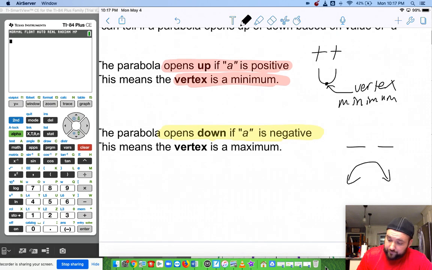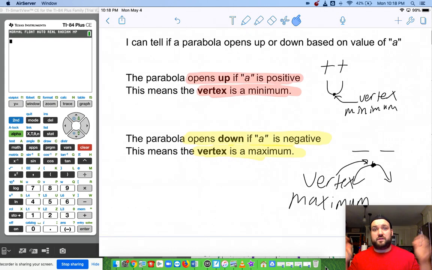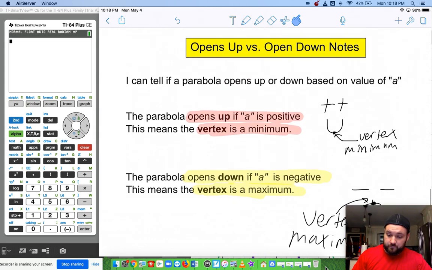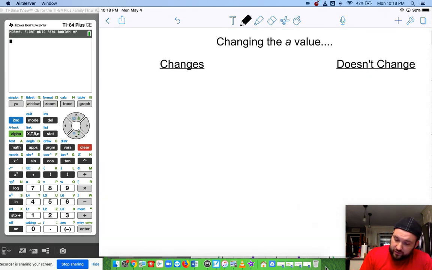And then the vertex is actually at the top of the graph. So the vertex is a maximum. So when it comes to the a value, it actually tells us a lot about the parabola. It tells us wide or narrow, and it also tells us is it opening up or is it open down instead.